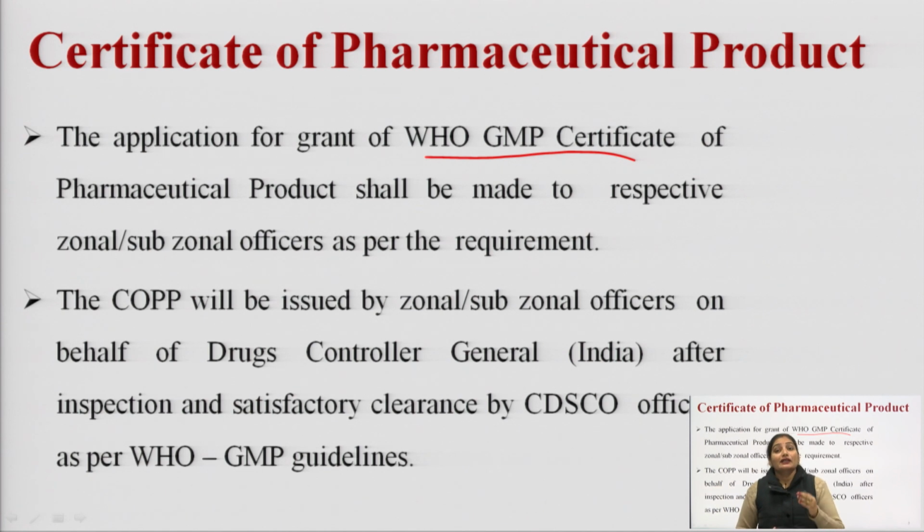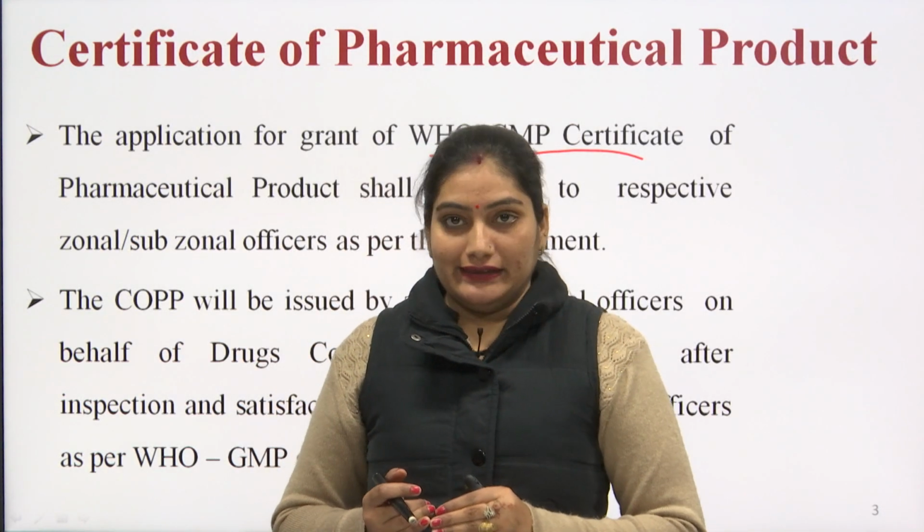And the certificate of pharmaceutical product, that is COPP, will be issued by the zonal or sub-zonal officers on behalf of the Drug Controller General of India, DCGI, after the inspection and satisfactory clearance by the CDSCO office as per the WHO GMP guidelines.